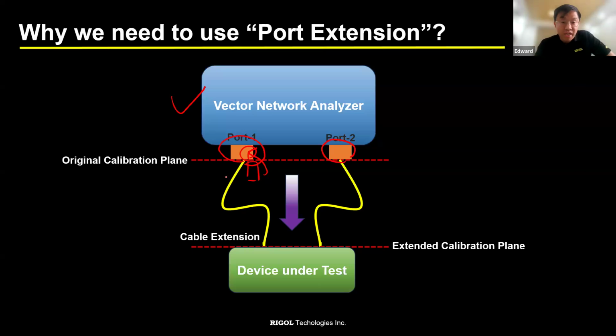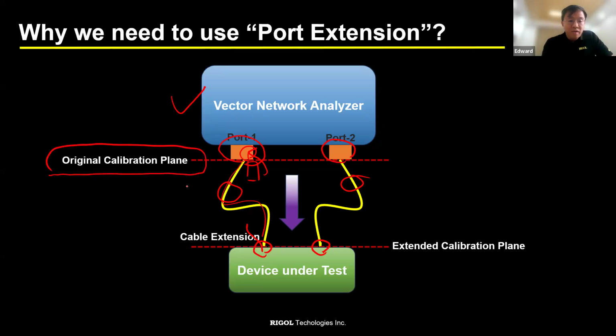So we need to use a cable to extend the test port to the device under test, right? That means this cable is the extended media, or the transmission media, from the original calibration plane to the extended calibration plane at the cable's end, the terminal point, right?